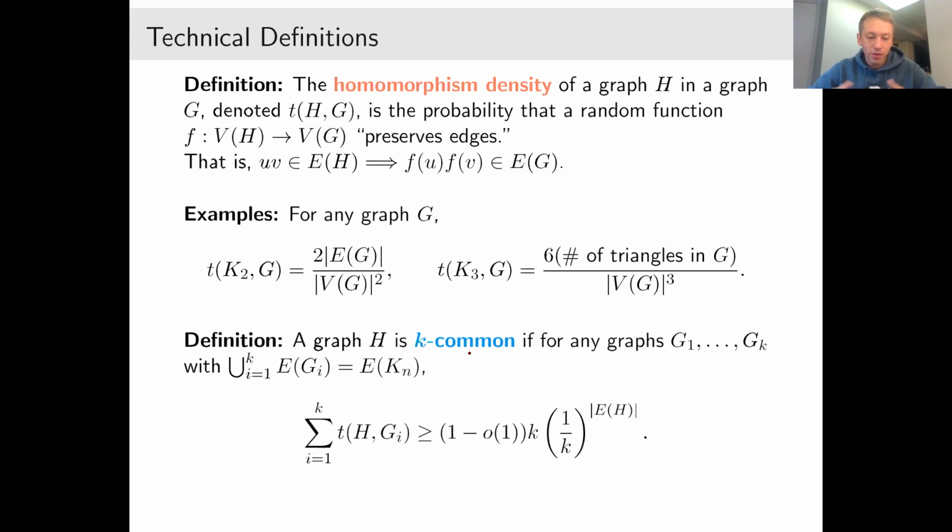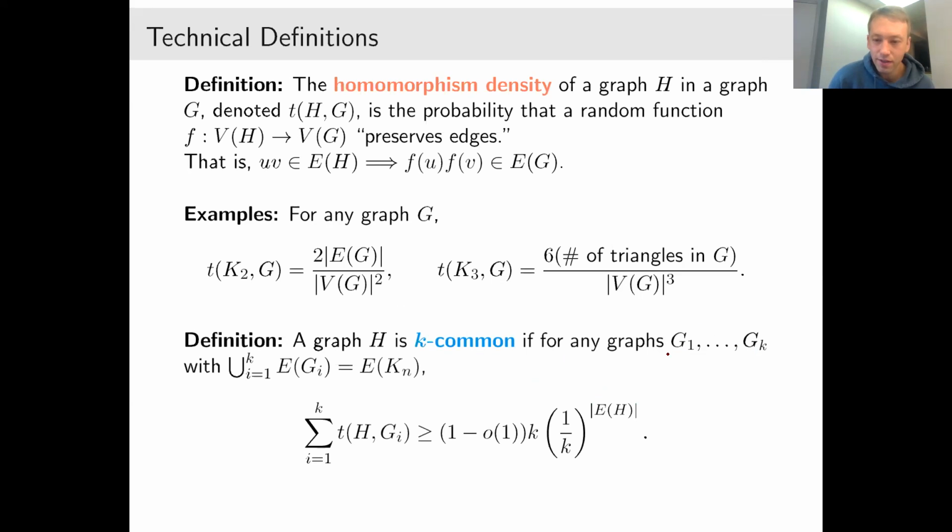Well, remember, we're talking about colorings of the edges, and we want to know if the random coloring is the best one for minimizing. That's what I want to convey here, but it's a little bit technical, just to make it precise. We have these graphs G1 up to Gk.